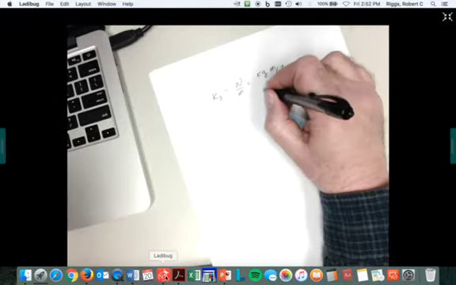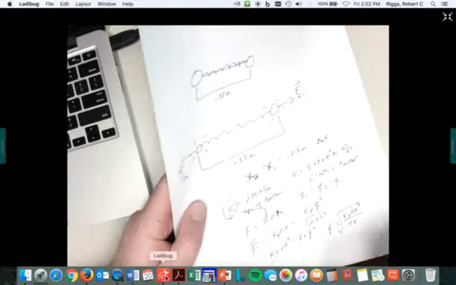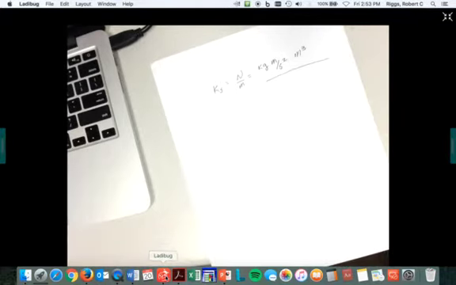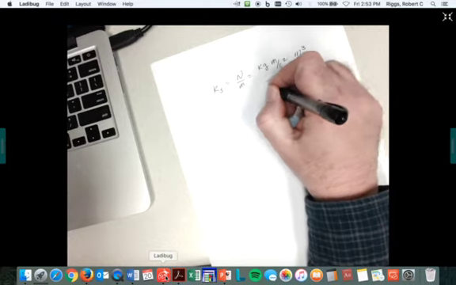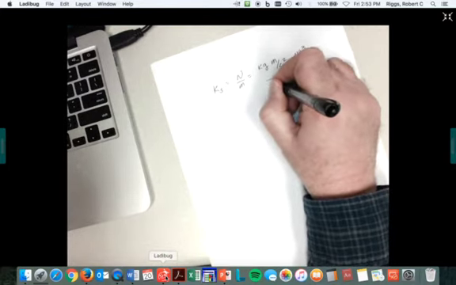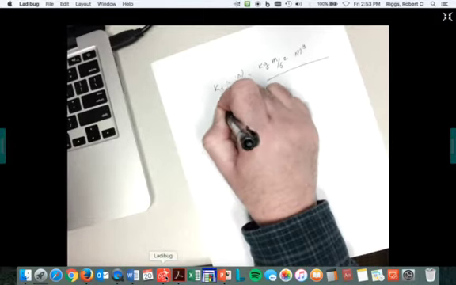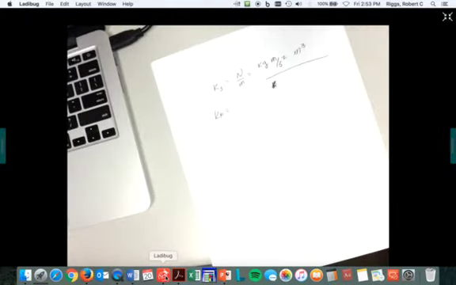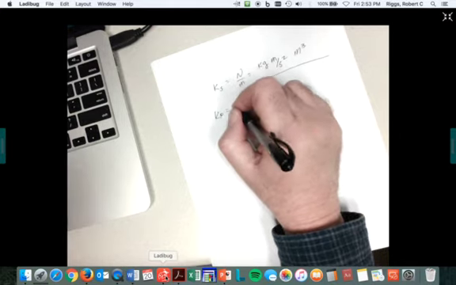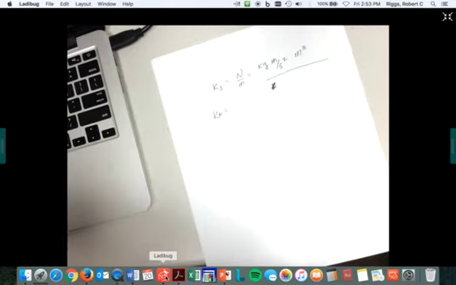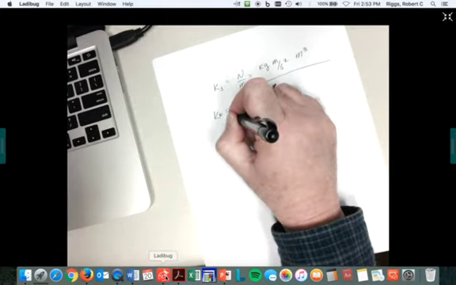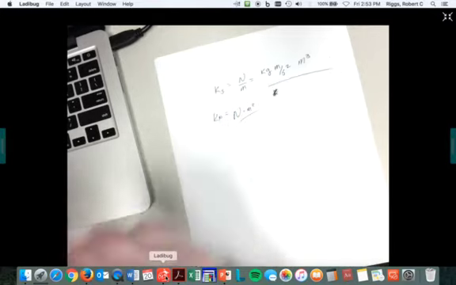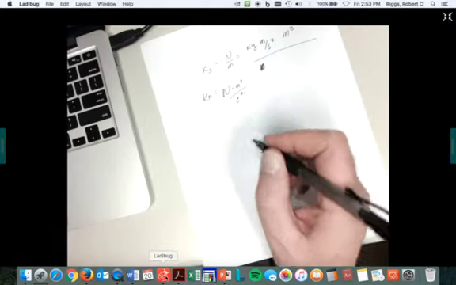That's in the numerator, times meters cubed, divided by k_e. Aha! k_e is going to be a newton meter squared divided by coulomb squared.